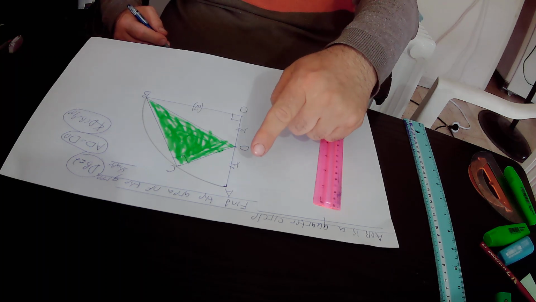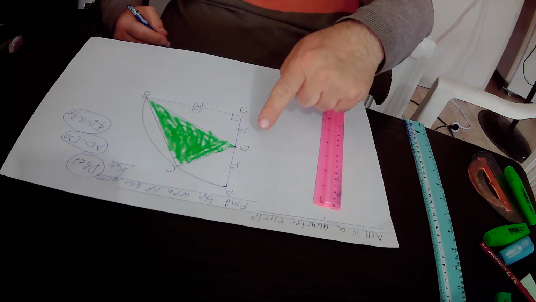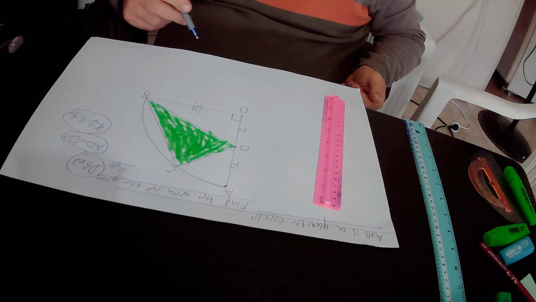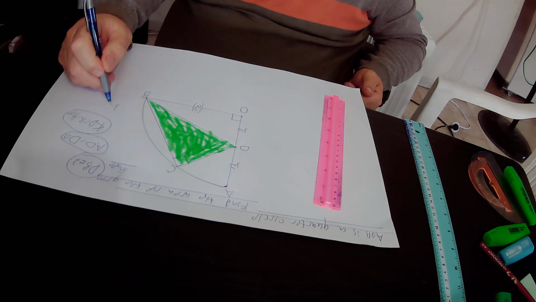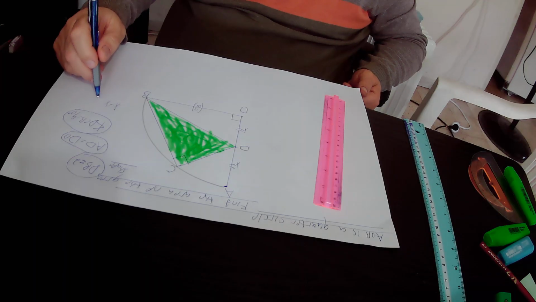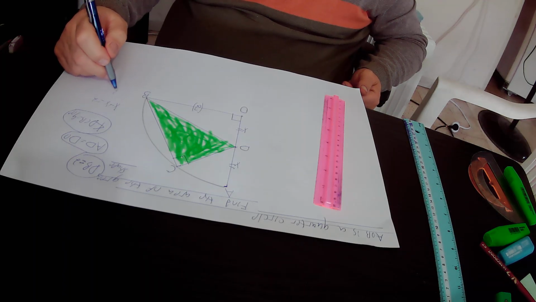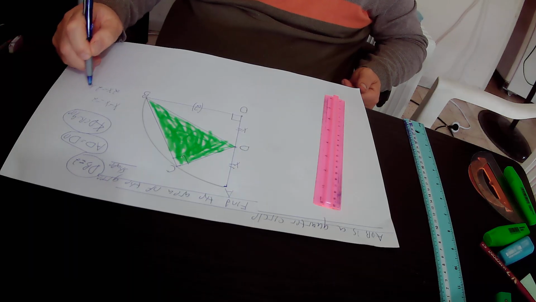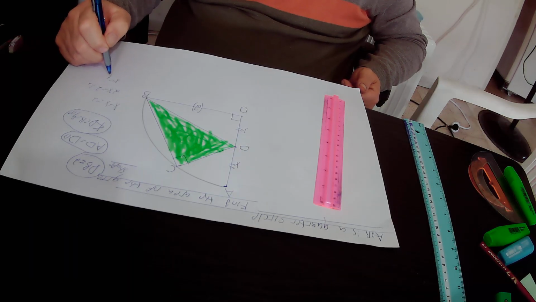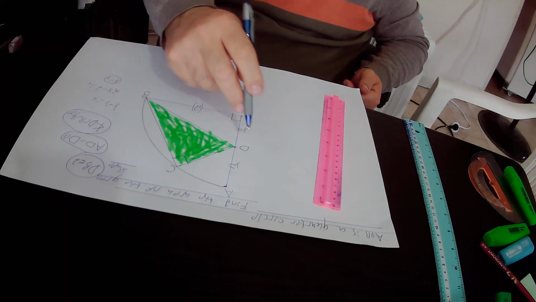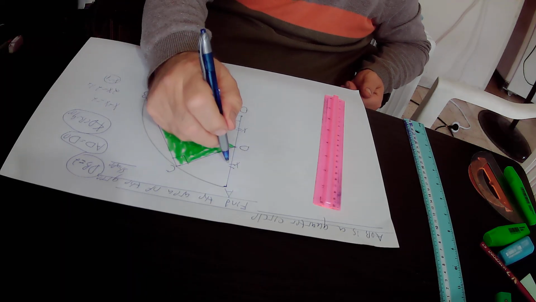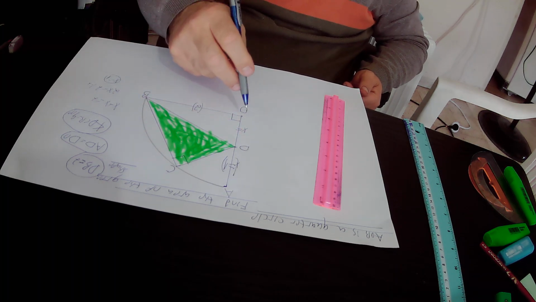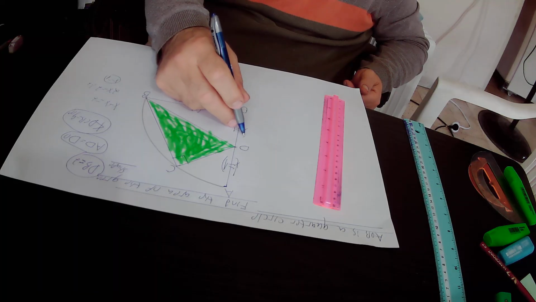So x plus x equals 2, so 2x equals 2. We divide this equation by 2 and get that x equals 2 over 2, that is 1. So side AD equals 1 unit in its length, and side DO also equals x, that is 1 unit in its length.